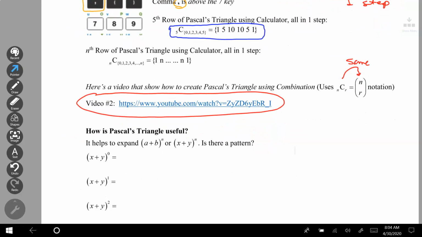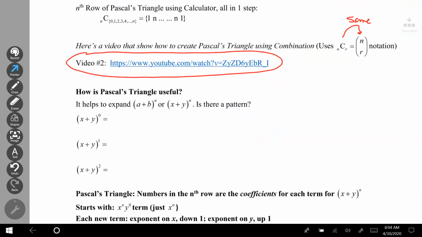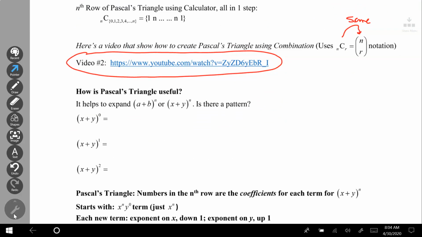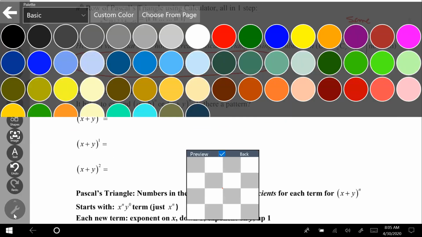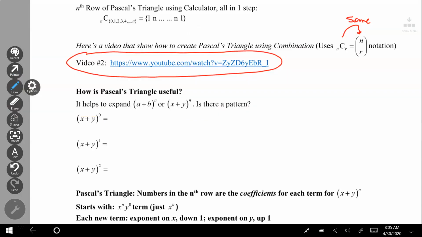Okay, so what are we going to use it for? Well, we're going to use it to expand things. So let's talk about expanding. What is x plus y to the 0? Well, that's just the number 1. What is x plus y to the first? Well, that is 1x to the first plus 1y to the first, if you write it out very formally.